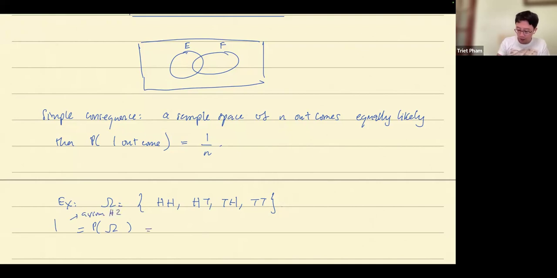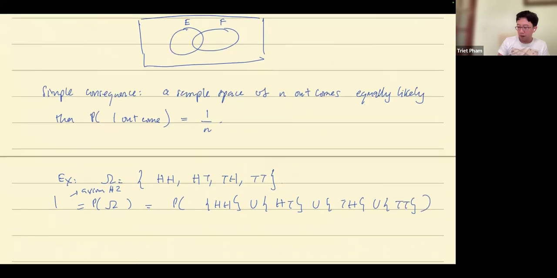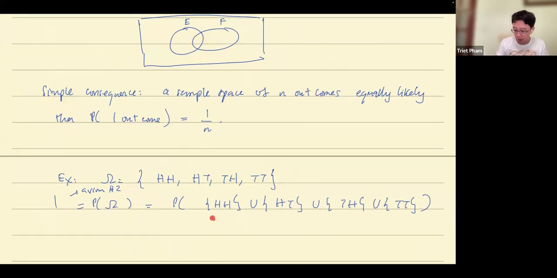On the other hand, omega clearly is the union of these, and these are mutually exclusive, because you cannot toss the coin twice and get both head, head and head, tail. They're mutually exclusive.